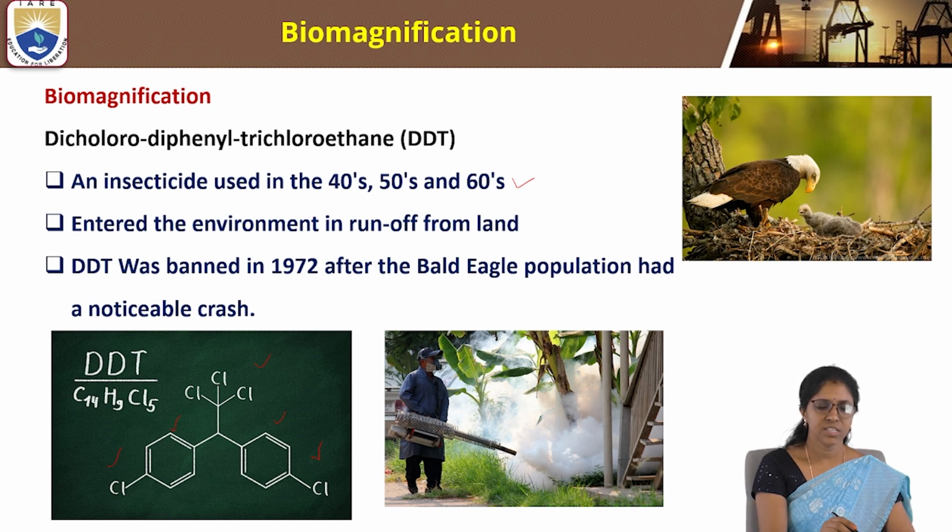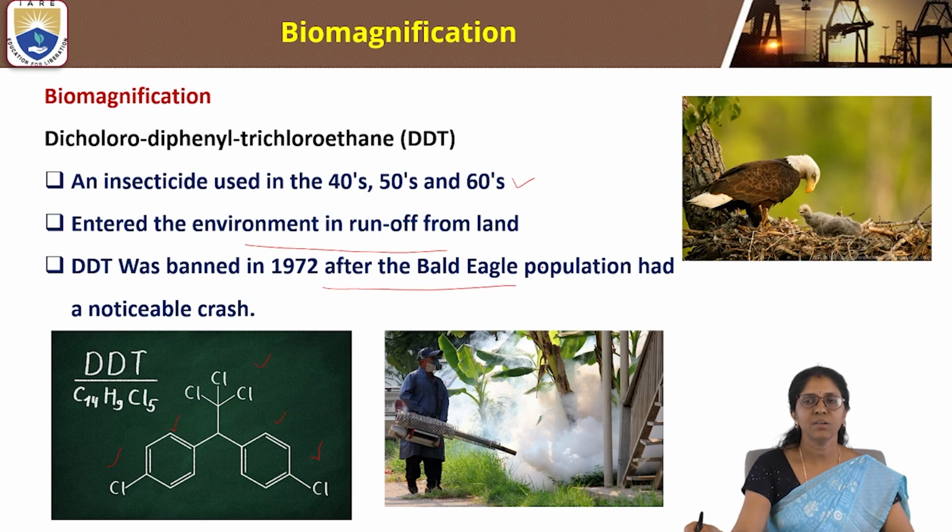This DDT entered the environment in runoff from the land. It was banned in 1972 after the bald eagle population had a noticeable crash.